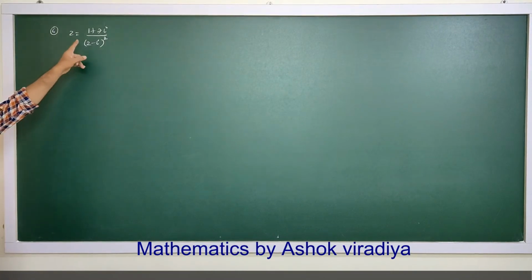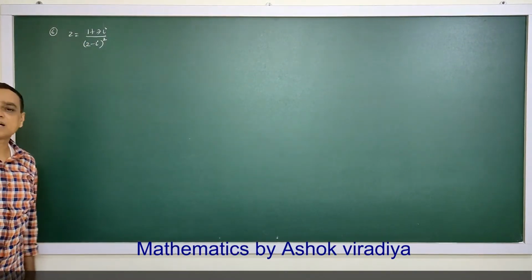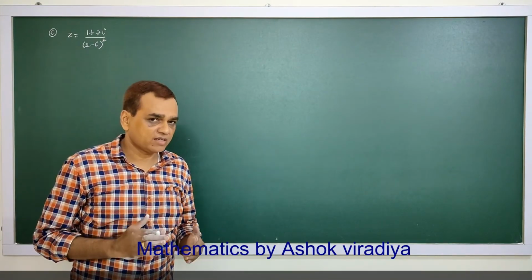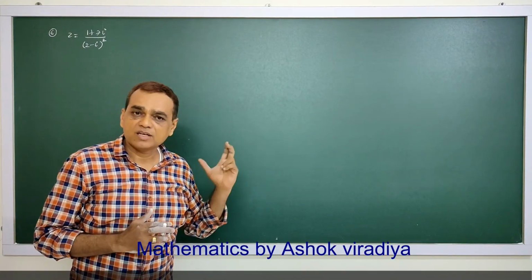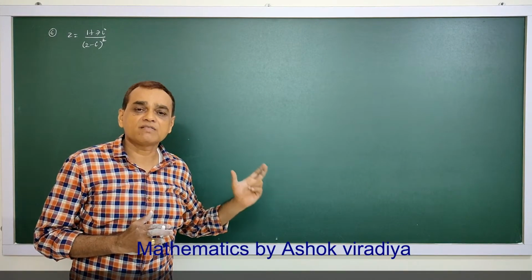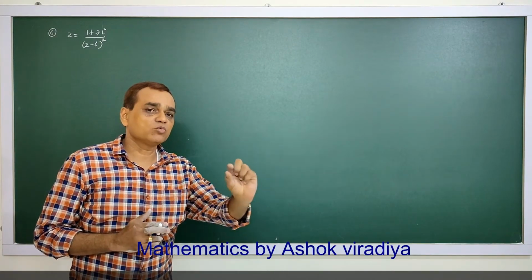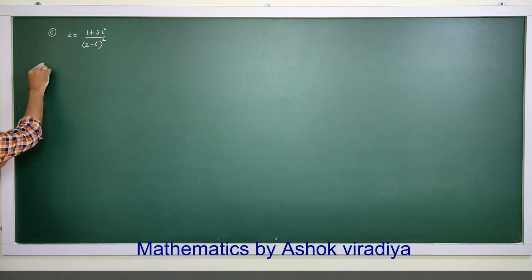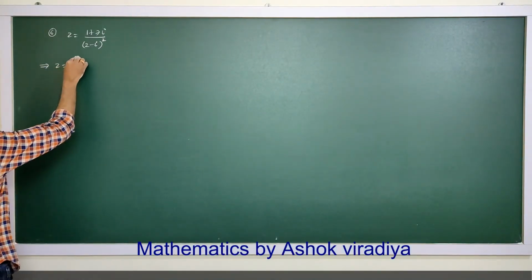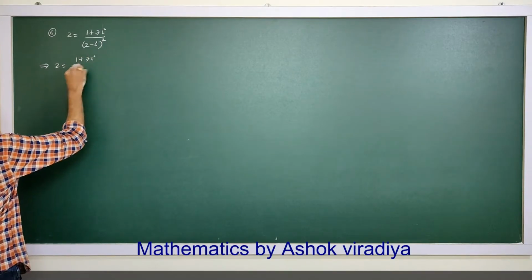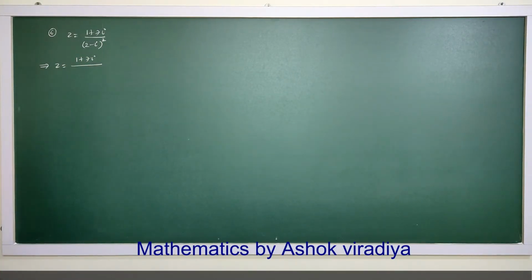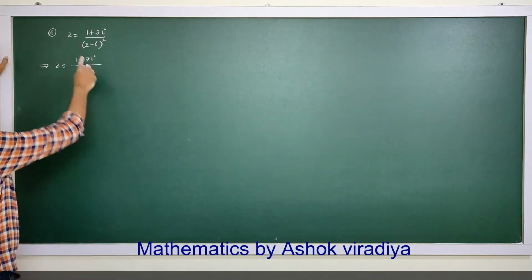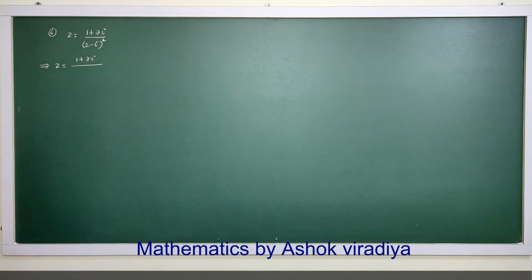Now z is (1 plus 7i) upon (2 minus i) whole square. To obtain the argument of z or modulus, we convert this into its standard form, z equal to a plus bi. For that, simplifying this, z equal to (1 plus 7i) upon, this is (2 minus i) whole square.